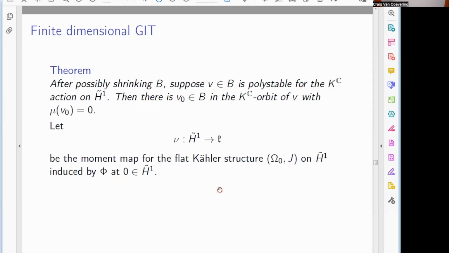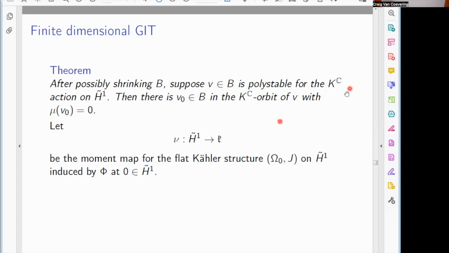So the next part of the argument is you have a finite dimensional moment map on this slice. And then one can prove that a finite dimensional argument works in this situation. It's a bit complicated because the perturbation we just did is not holomorphic.